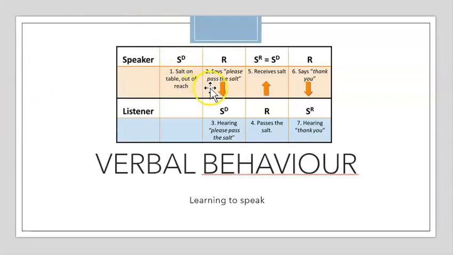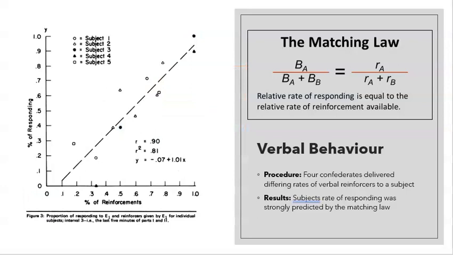since the speaker said please pass, the listener heard it and then passed. If the speaker didn't say thank you, or didn't say please, then the listener would be less likely to actually pass the salt, okay? So the listener's responding because of what the speaker's saying or doing. The rate of responding of the listener is equal to the relative rate of reinforcement available.